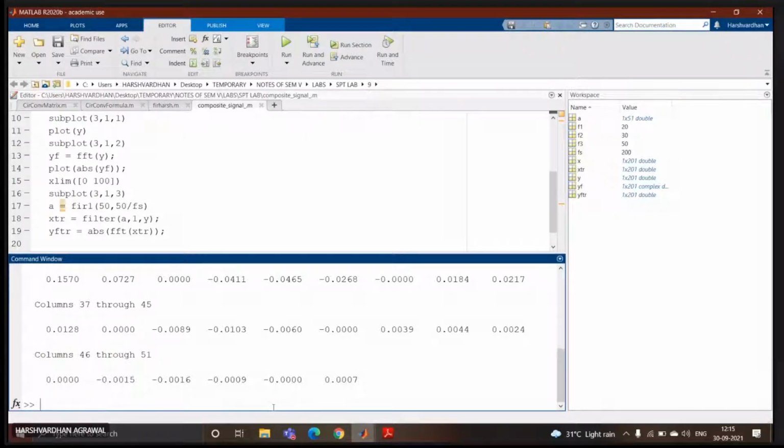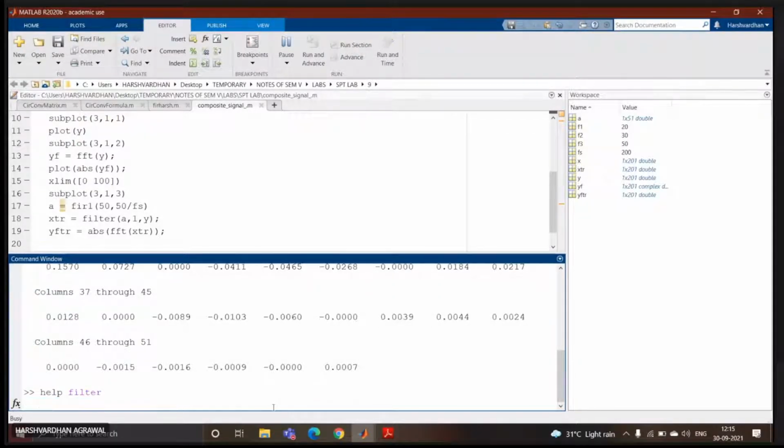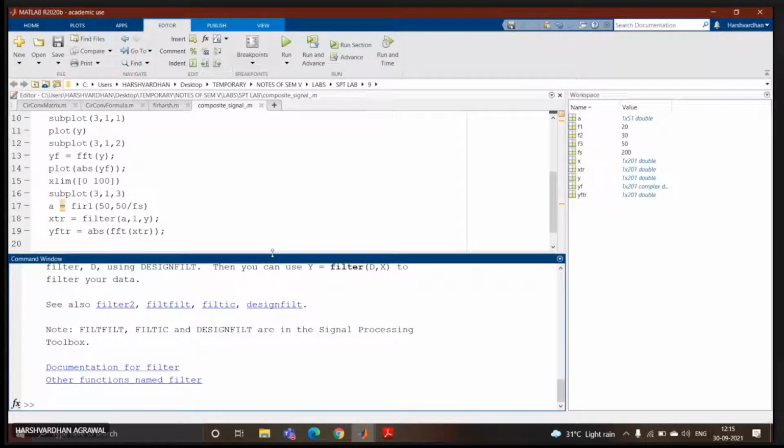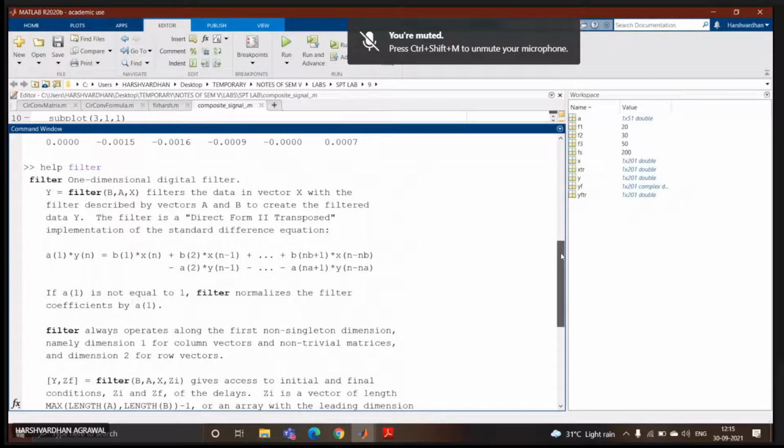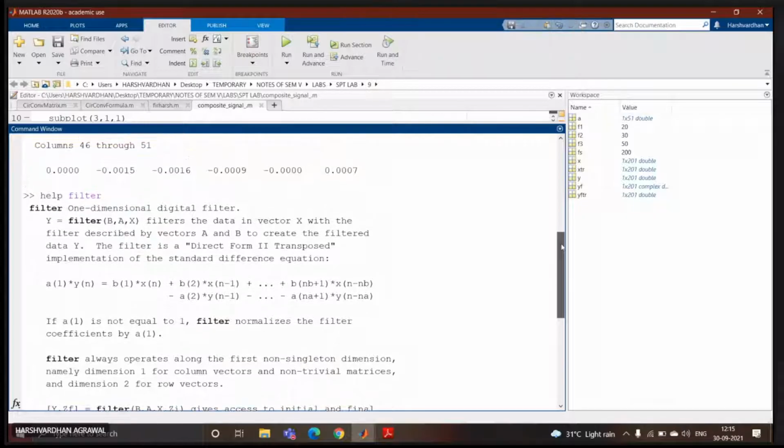Yes, sir. Use this. Type help filter. Read it properly.